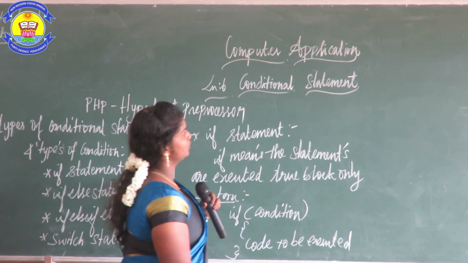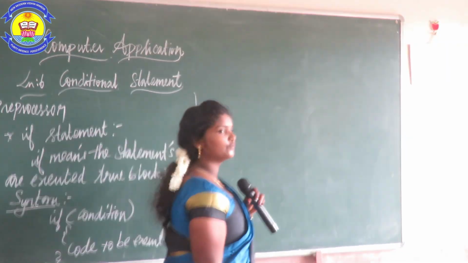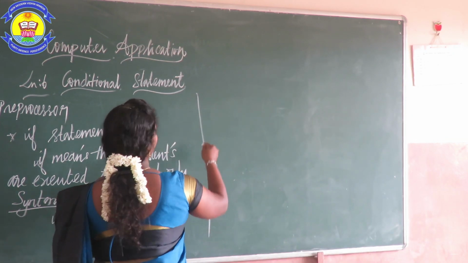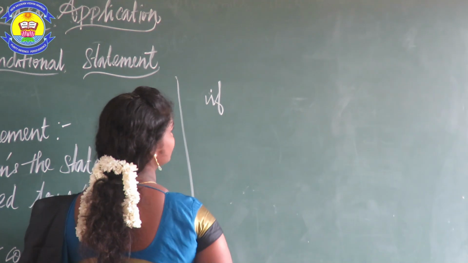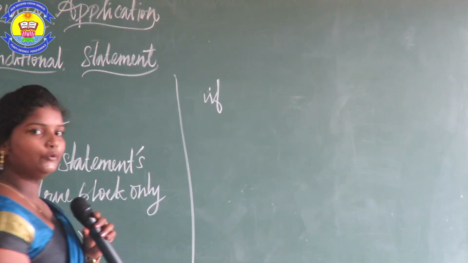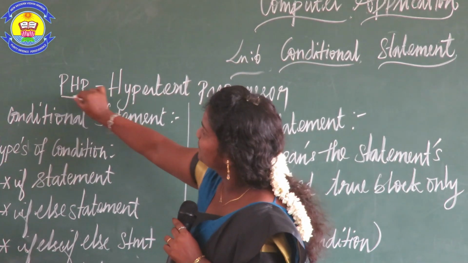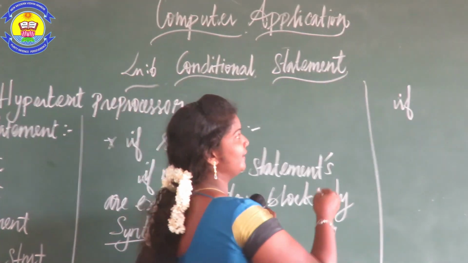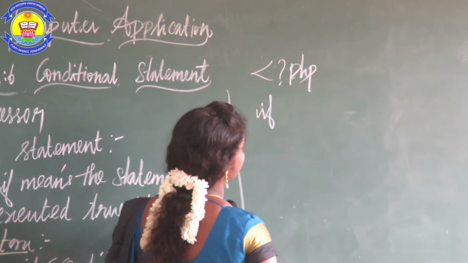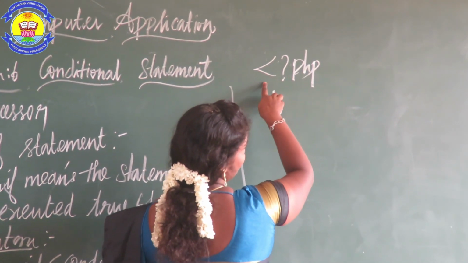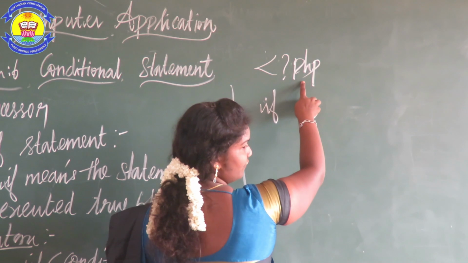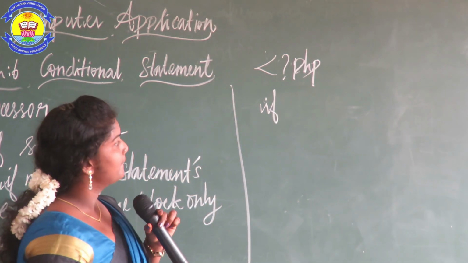So the if statement is mainly used when the block is true. So I'm going to check voting eligibility. So we are going to write a PHP program. Now I'm going to open the PHP tag. It is the syntax for PHP declaration: PHP tag, question mark, and then the PHP statements. It defines the programming language PHP.